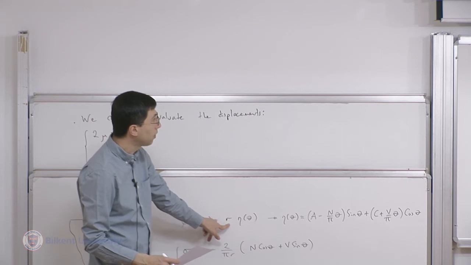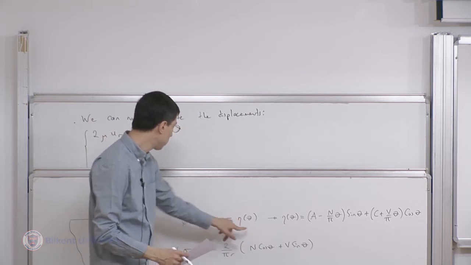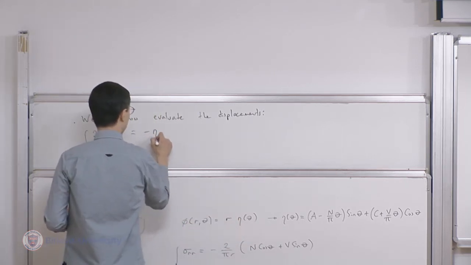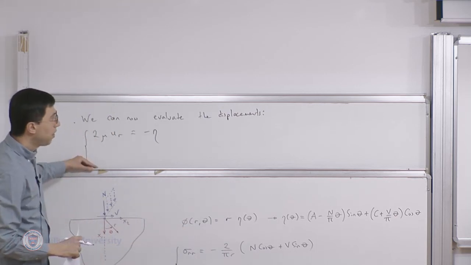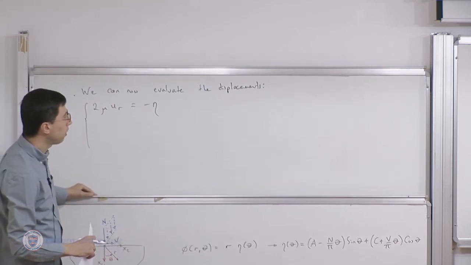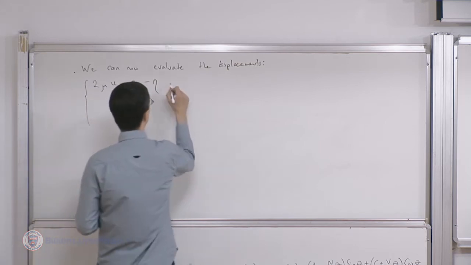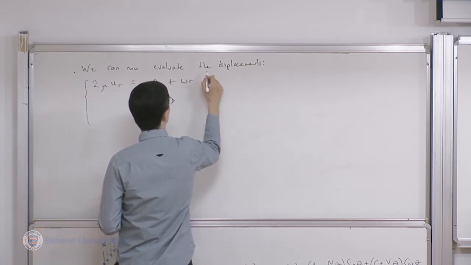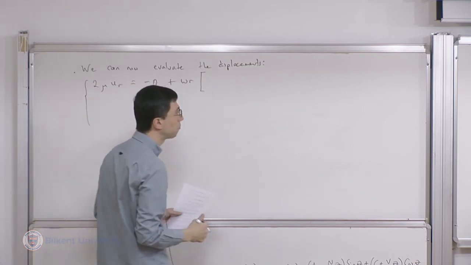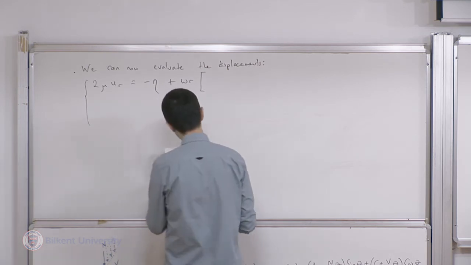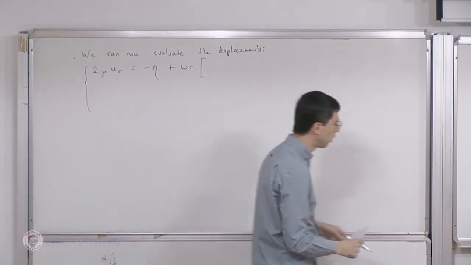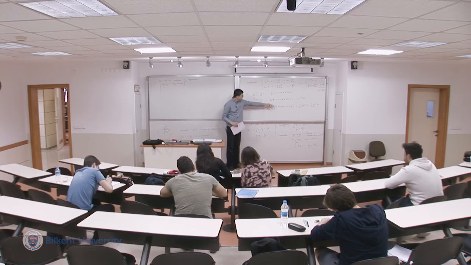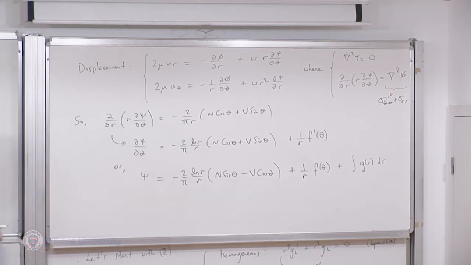So del phi over del r with a minus sign, so it's going to be minus eta, and then the remaining term has to do with plus omega r del psi over del theta. I'll just write down what the result is. It's not too hard. The first two terms survive, the last term drops.